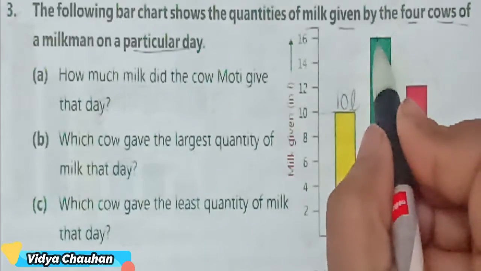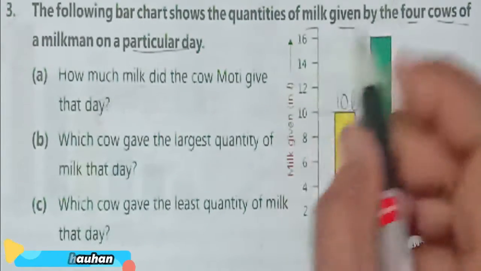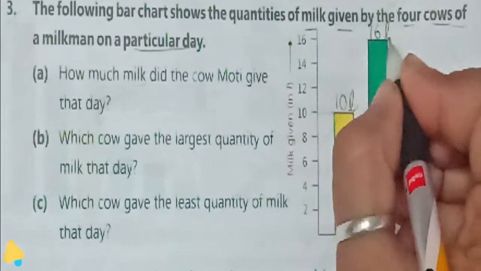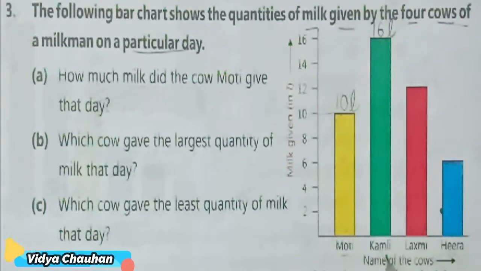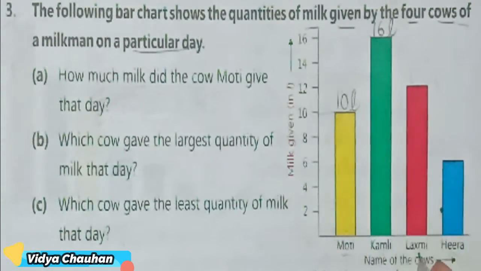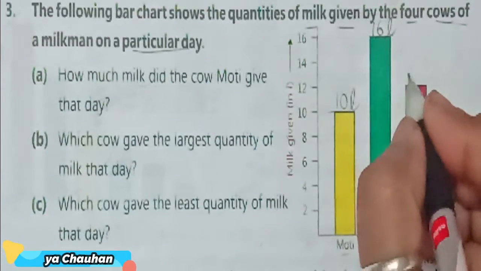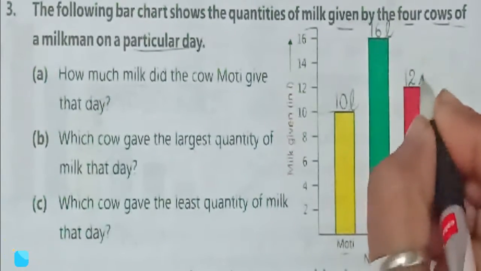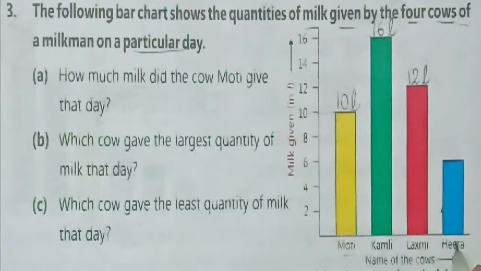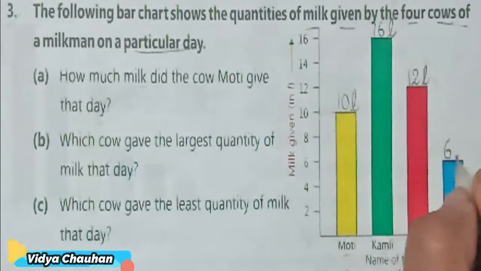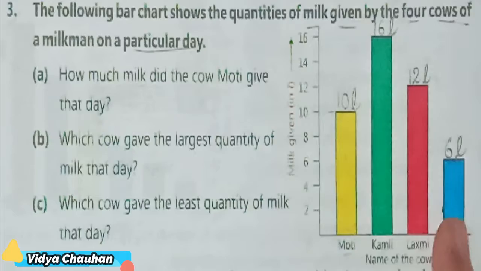How much milk has it given? When I join this with the vertical axis, that means the y-axis, 16 liters of milk was given by Kamli. Third cow, Lakshmi. How much milk has it given? 12 liters. Clear, students? Coming to the last one, Hira. How much has it given? 6 liters of milk. Clear?